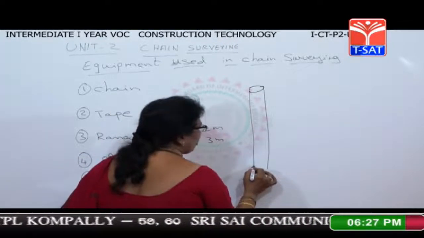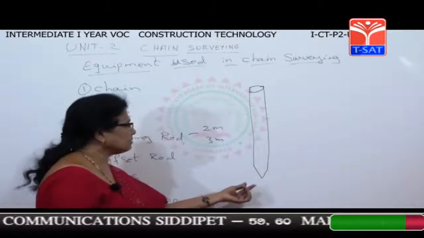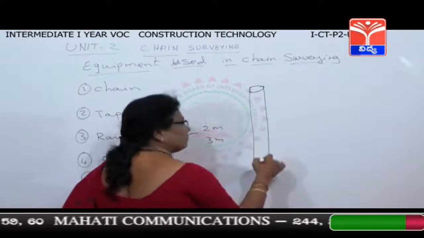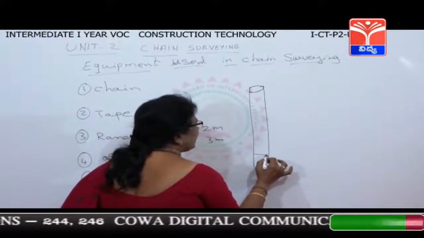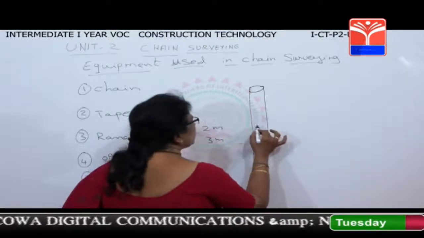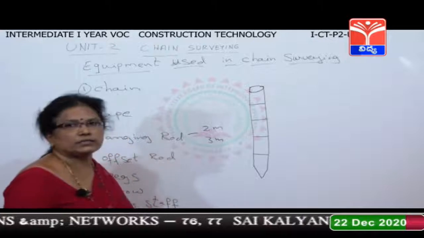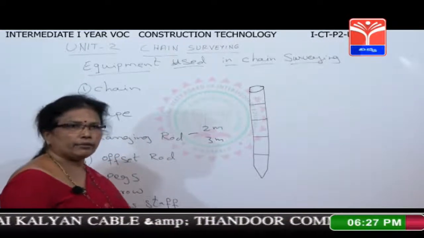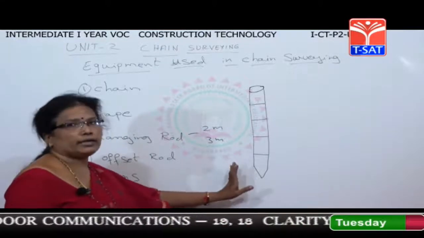One side on the top it has a hollow, and the bottom it has a shoe end. So this is of 2 meters and 3 meters also. This is used to mark stations at the starting and ending or any intermediate points, the main stations. There you are going to use the ranging rod.